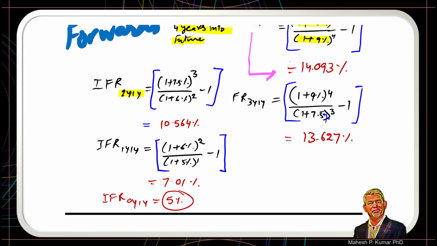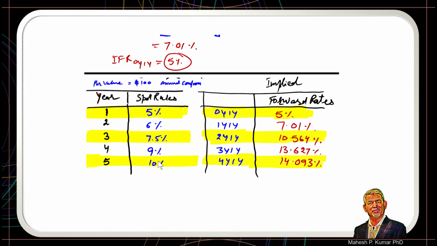And let us make a clear chart now. The first year spot rate was 5%, and our 1 year forward rate 0 years from now is the same thing as the spot rate of year 1, which is 5%, and this 1y1y, which is the 1 year forward rate 1 year from now, came out to be 7.01%.